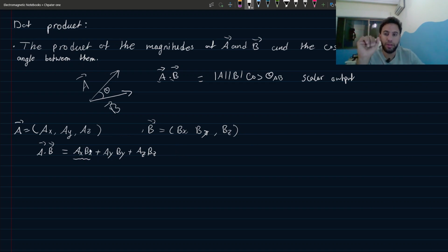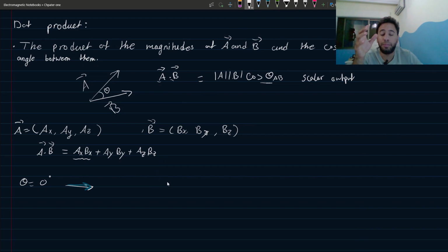Now, we've mentioned before that the value of the dot product depends on the angle between these two vectors. So let's say theta is equal to 0. In other words, vector A and vector B are on top of each other.